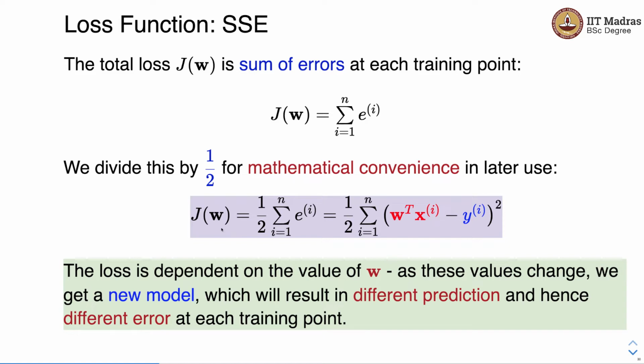So hence, the loss is the function of weight vector. Got it? And other way to look at it is the value of xi and yi is going to be constant because we fix the training set before launching the training pipeline. So only thing that is changing is the weight vector, and hence the loss function is function of the weight vector.